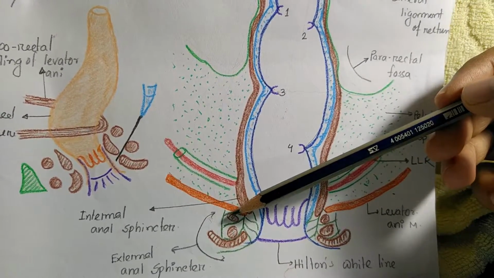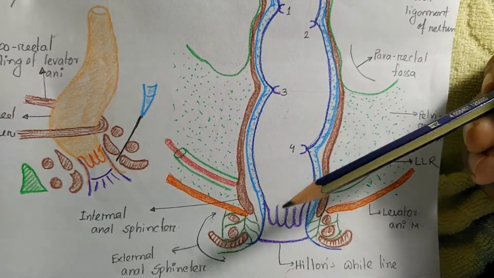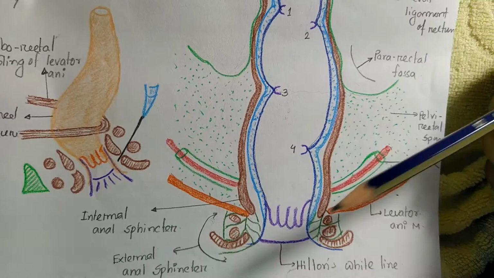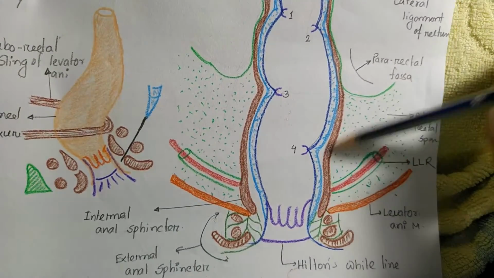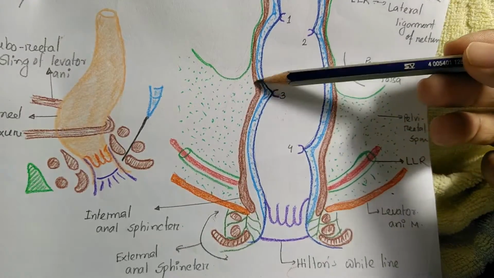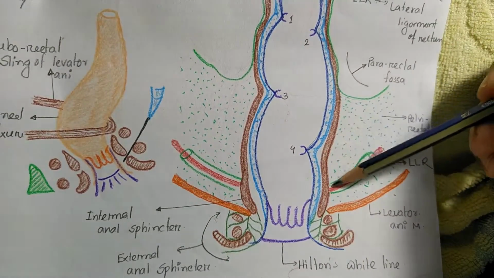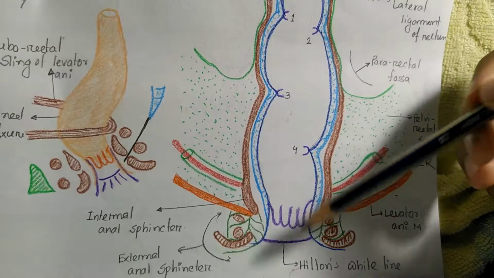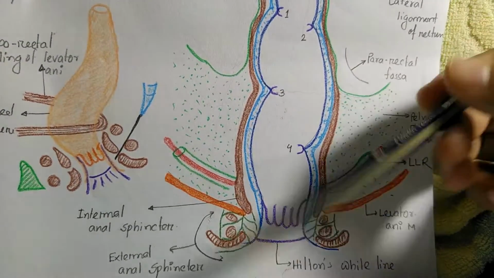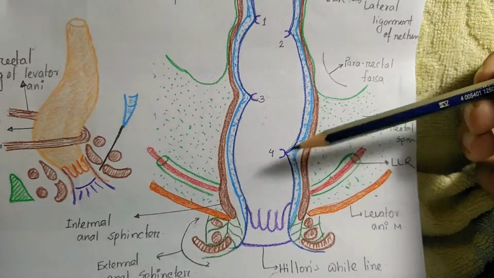So the levator ani will make the external sphincter along with the longitudinal muscle of the rectum. So this is the circular muscle, and on the outside there is also the longitudinal muscle. This longitudinal muscle and the levator ani muscles together form the external anal sphincter. That will be discussed in the anal canal part.